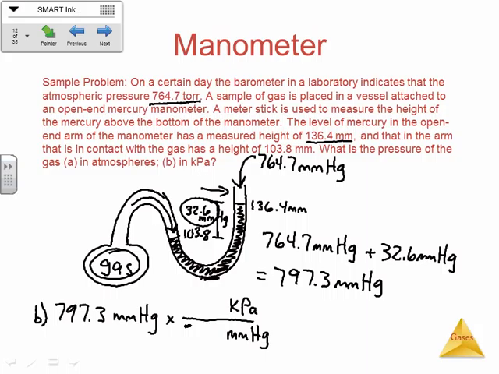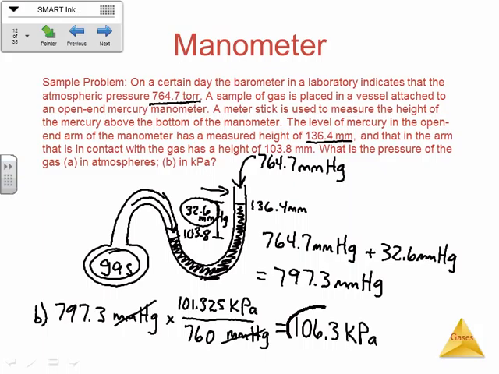This is 760 and 101.325, I think, if I'm remembering that right. So 797.3 times 101.325 divided by 760 gives me 106.3 kPa.